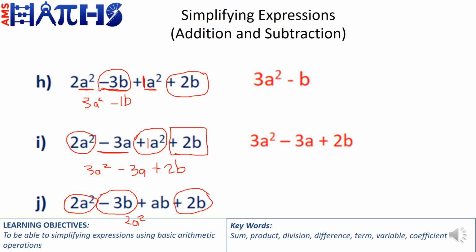So minus 3b plus 2b is minus 3 plus 2. Minus 3 plus 2 is a minus 1, so we end up with minus 1b. And our final term to take care of is 1ab. So the name is ab and we have one of it. So we just write back plus 1ab. So here's our answer, 2a squared minus b, which is a minus 1b, plus ab.